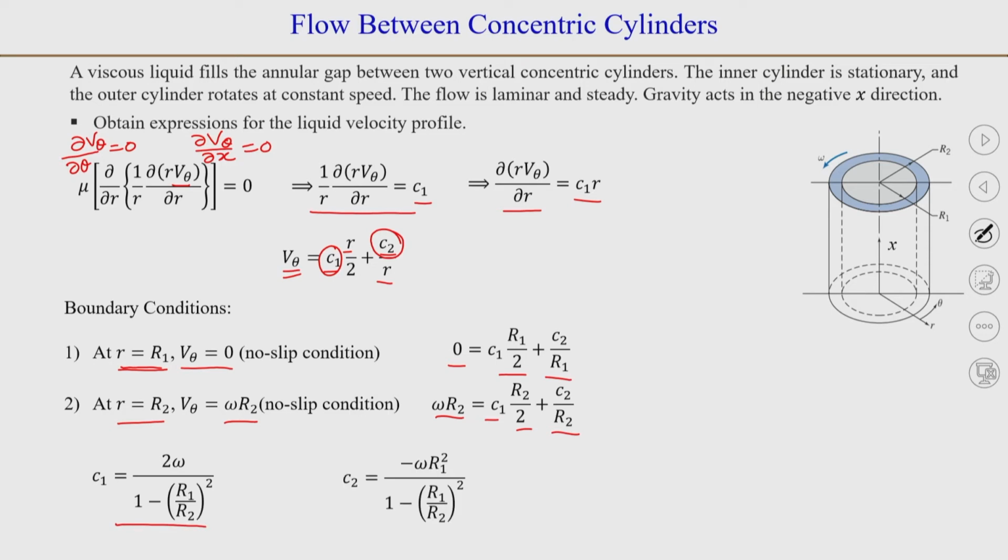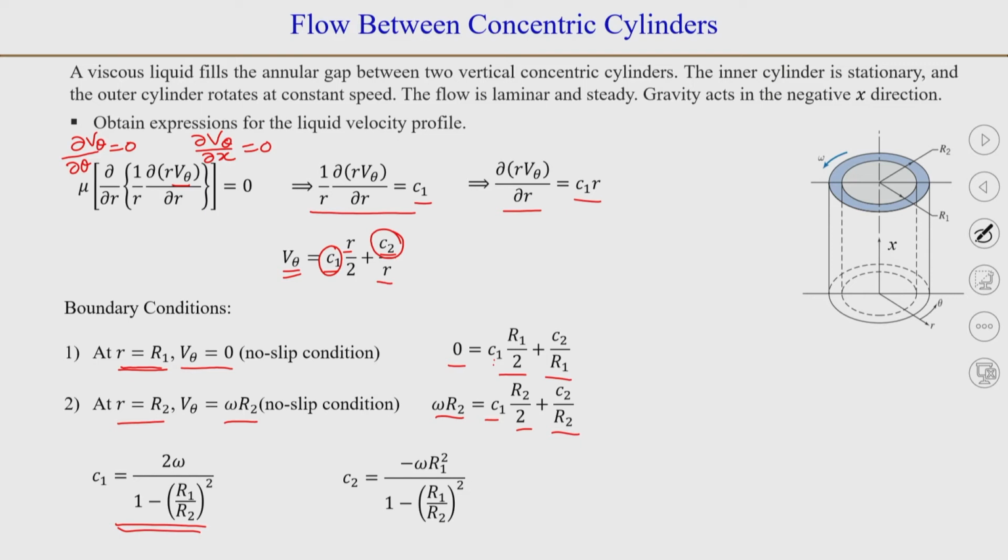You can multiply the first equation by R 1 and the second equation by R 2, and you can eliminate C 2. Then, once you eliminate C 2, from that you will get C 1. You can subtract the second equation from the first equation, and you will get the value of C 1.